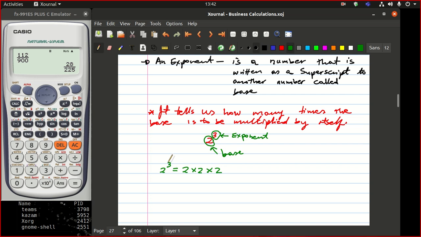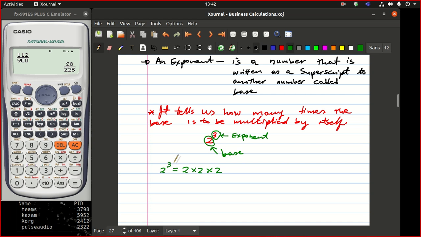That is the meaning of having that number up there, or that exponent. I hope you can get what I'm trying to show you here, that an exponent is only that number that is up there.